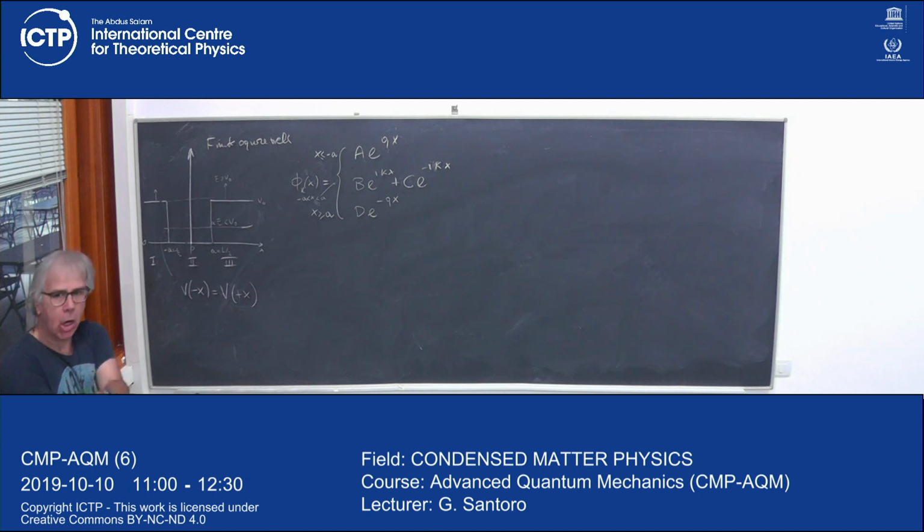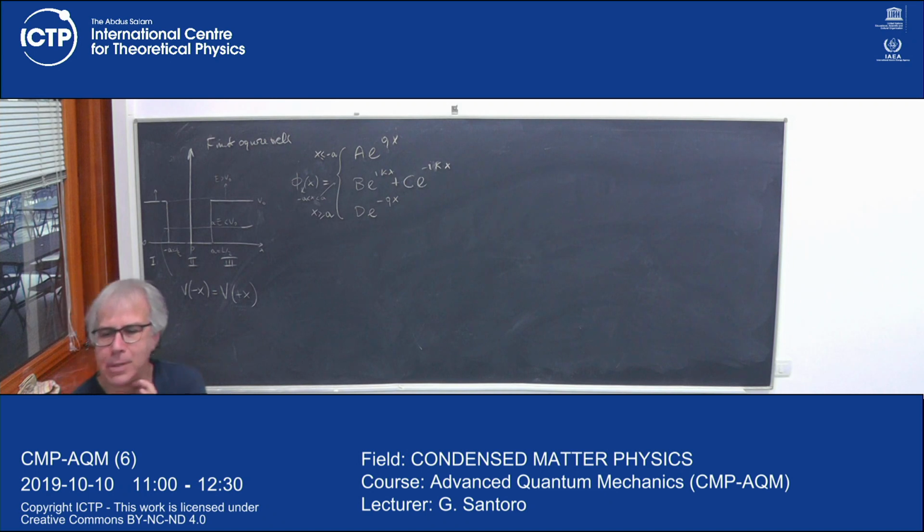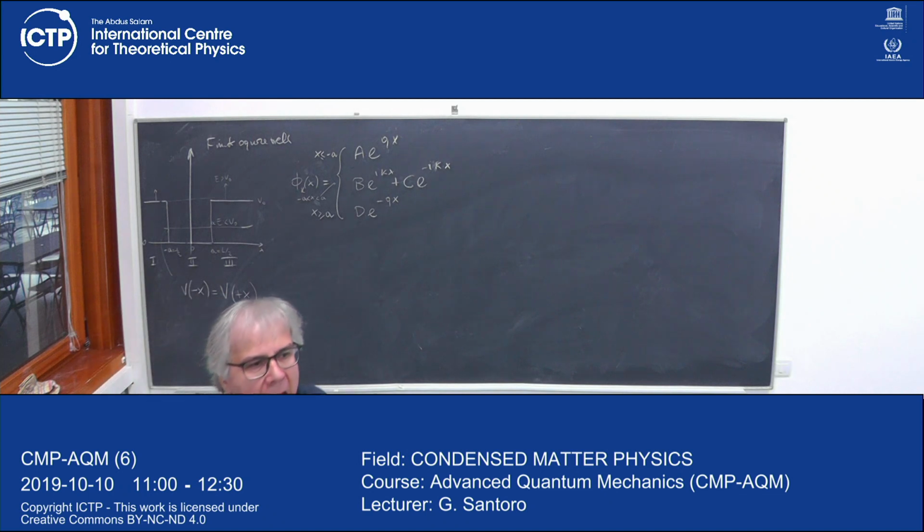Odd and even, that's the crucial thing, because you might naively be tempted to say I have to impose that the eigenfunctions of the Hamiltonian are even. No, I have to impose that they are symmetric under parity, but what sign they get when you change x into minus x is up to you.